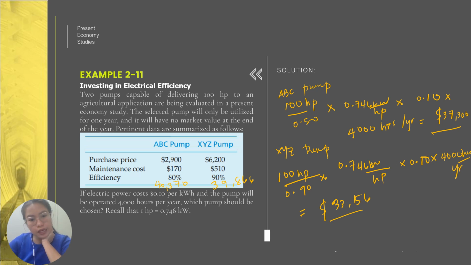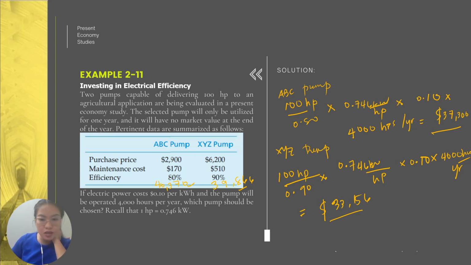You just add the purchase price, the maintenance cost, and the electric power cost that we computed. So, consequently, the more energy efficient XYZ pump should be selected to minimize the total cost.